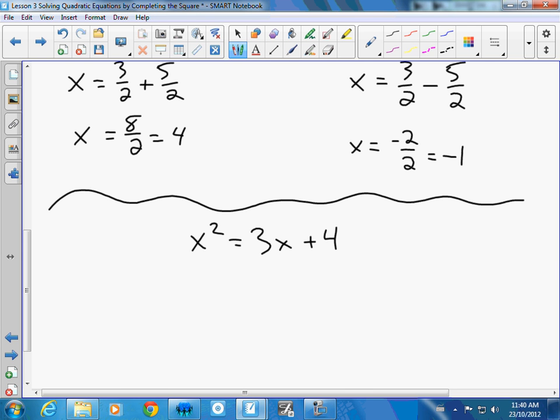You could try to factor it if you wanted to, couldn't you? So if we want to factor, do we bring everything over to the left side? X squared minus 3x minus 4 equals 0.